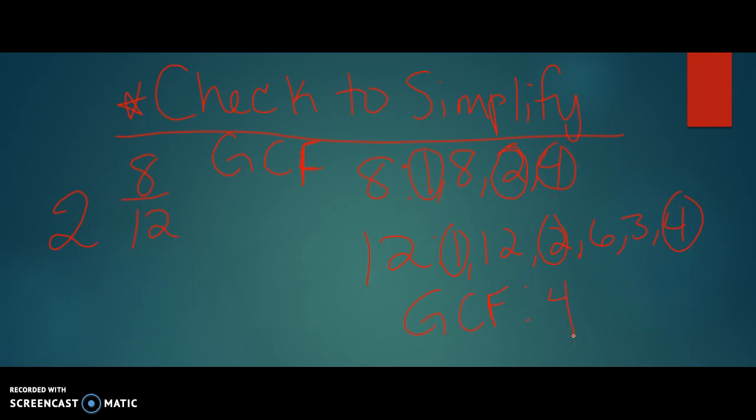So remember, I take my GCF and divide my fraction, the top and the bottom, by my GCF. So 8 divided by 4 is 2, and 12 divided by 4 is 3. And I keep my whole number. So my answer is 2 2/3.